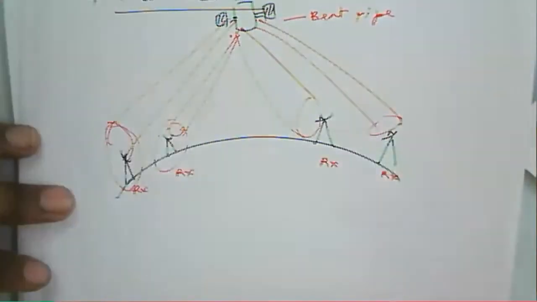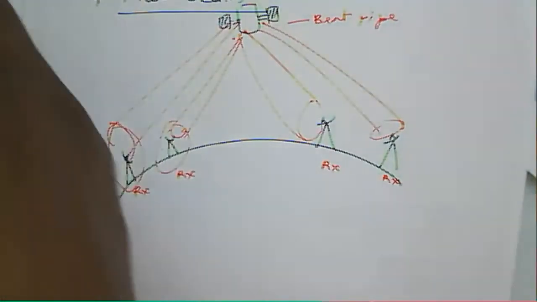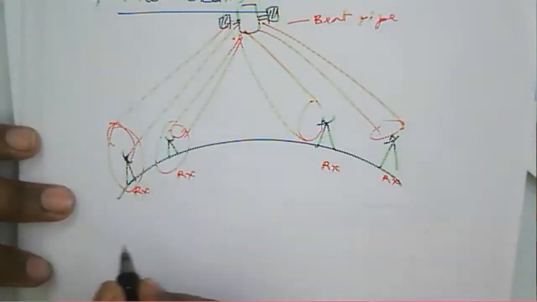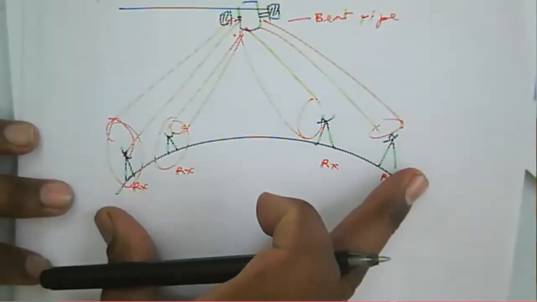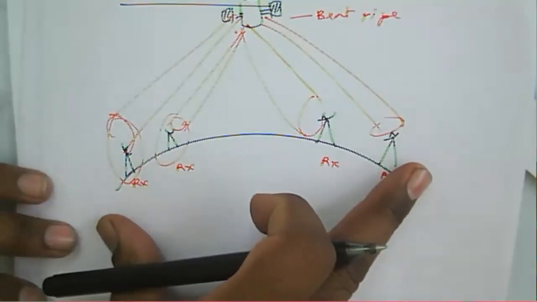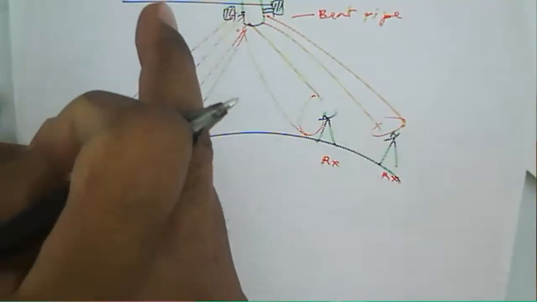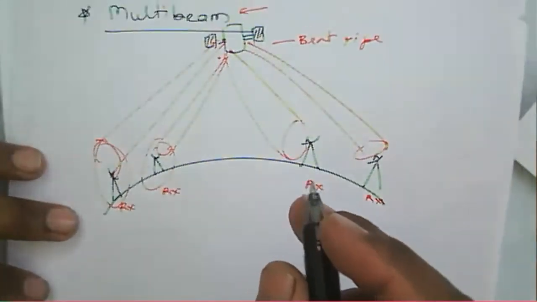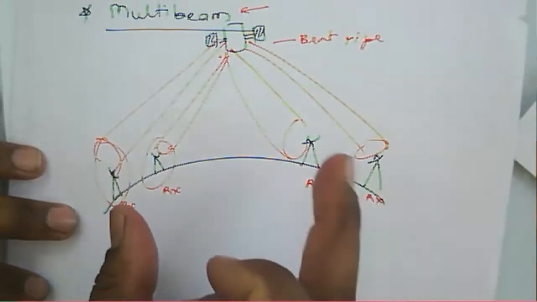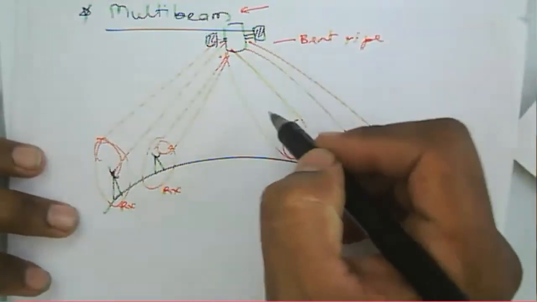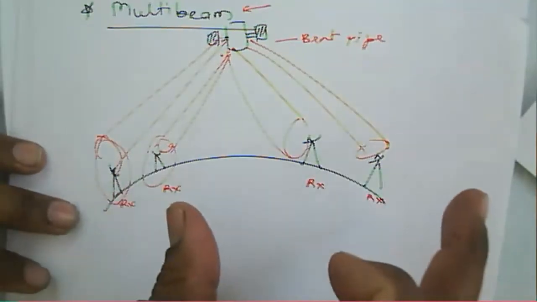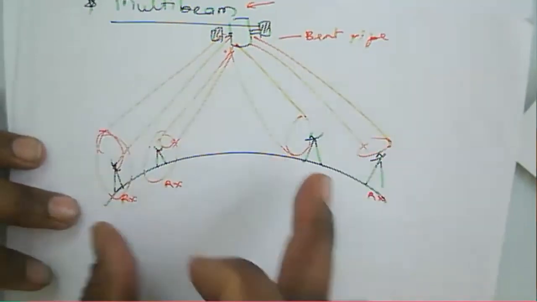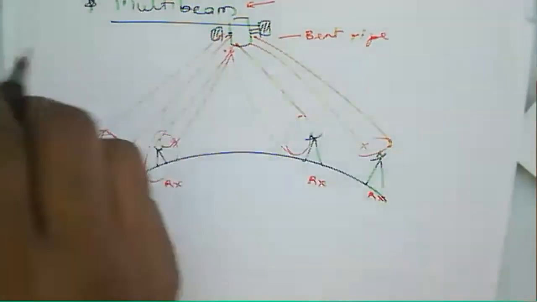Just like multi beam antennas have multiple reflector antennas, the frequency reuse technique can be effectively used if we have multiple beams. The different earth stations can use the same operating bandwidth or same frequency. So that's why I say frequency reuse using the multiple beam antenna.